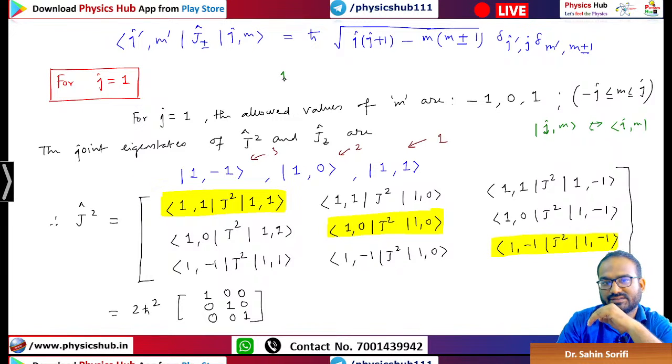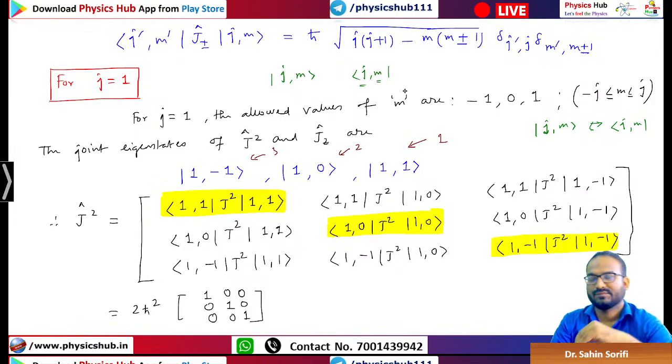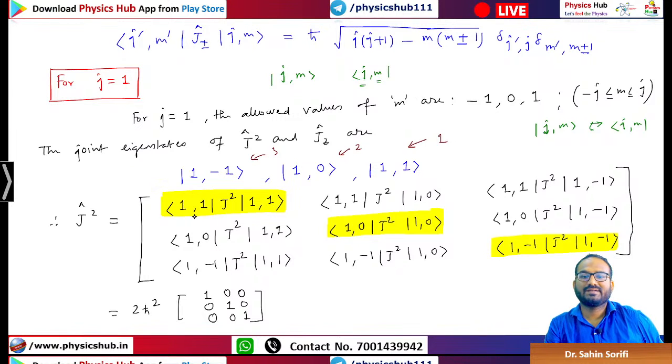We have to write J and then M. When I write it as a ket, we'll write here. When you want to write it as a bra, you will write here. J needs to come first, then M will come second. Okay. So it is like the way you are writing.